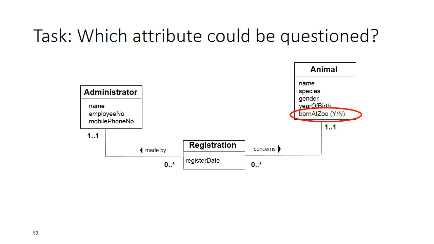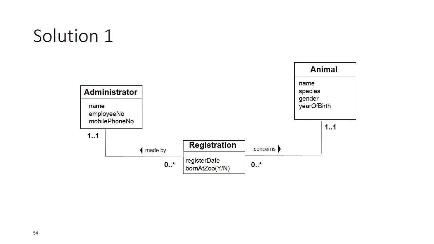For the last interpretation, it is actually better to move the attribute to the registration class, as it is done here. That means that if an animal is born at the first zoo, the first registration object will have the value yes.